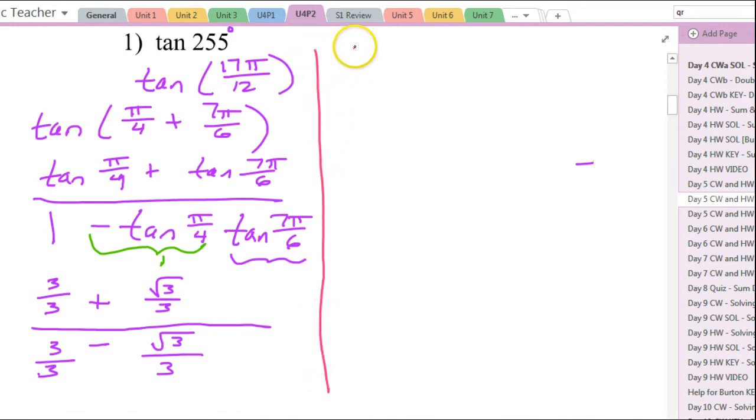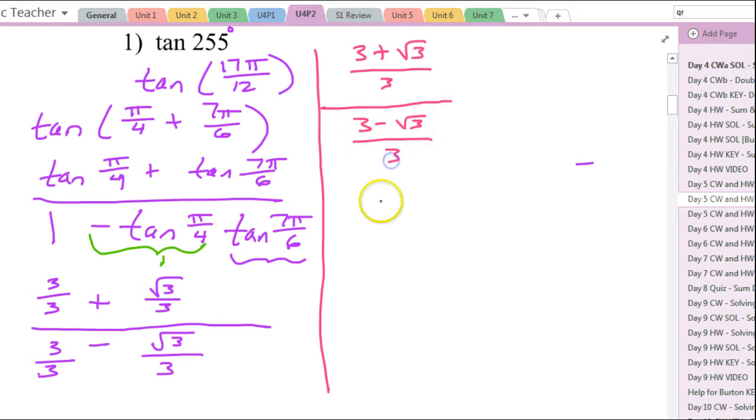Okay, so I'm going to have 3 plus radical 3 over 3 over 3 minus radical 3 over 3. Now, I'm noticing that these denominators are the same, the 3 and the 3. So I know those will just cancel out.